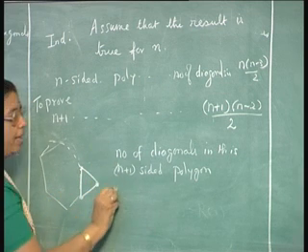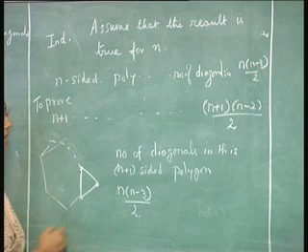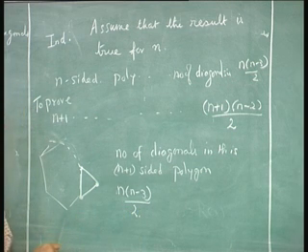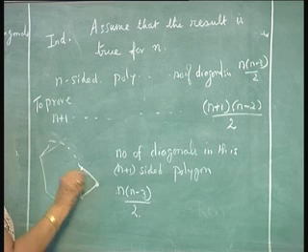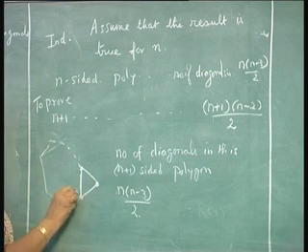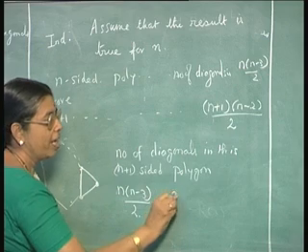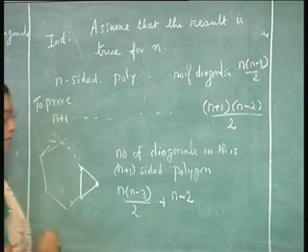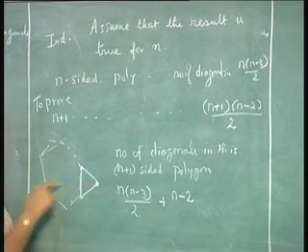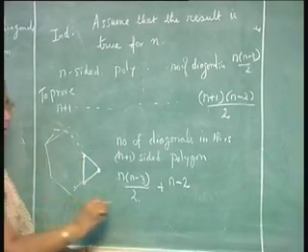So, those n into n minus 3 by 2 diagonals will be there, plus this new vertex you can join with any one of the n minus 2 vertices to get one more diagonal each. So, you will get n minus 2 diagonals like that, plus one more diagonal. This side becomes a diagonal here.